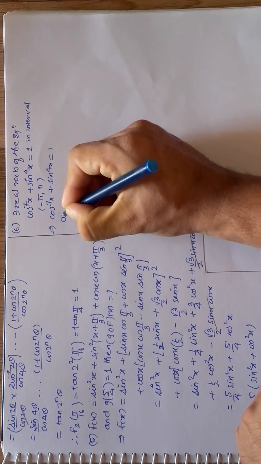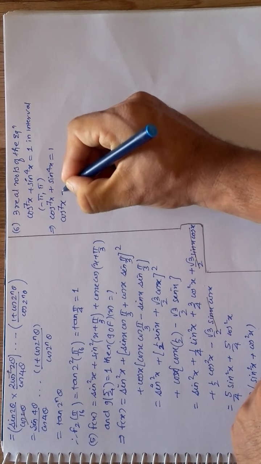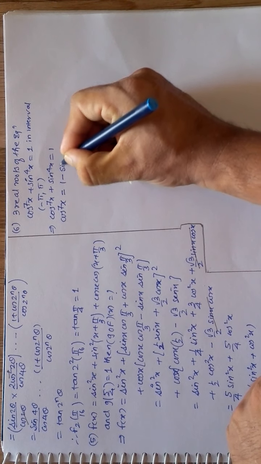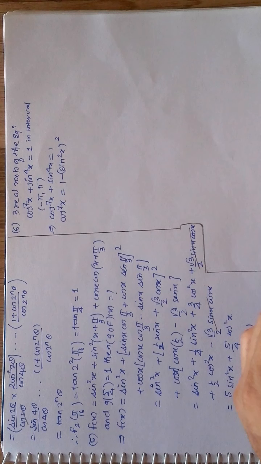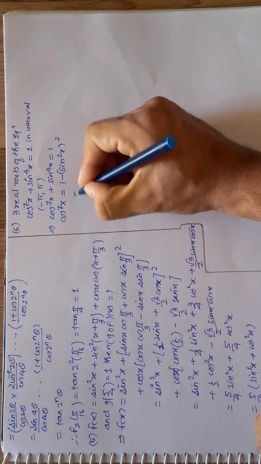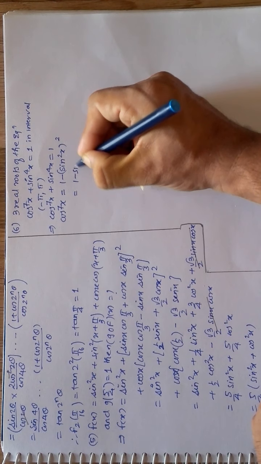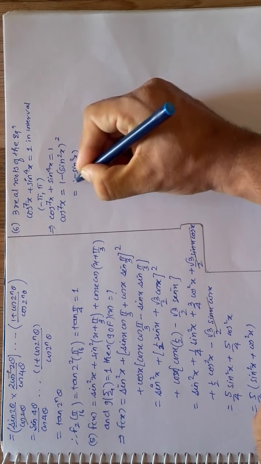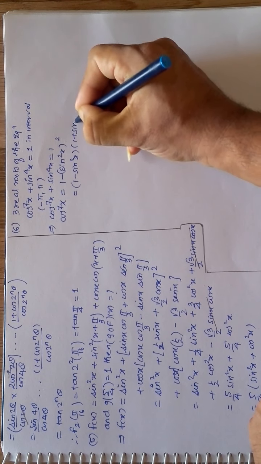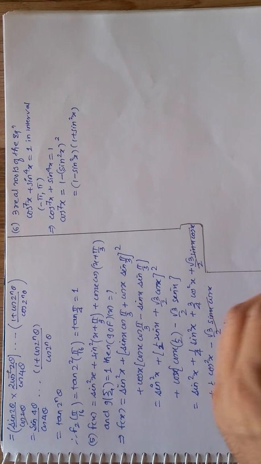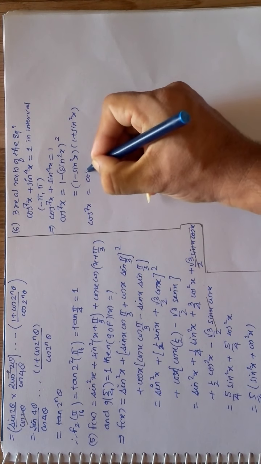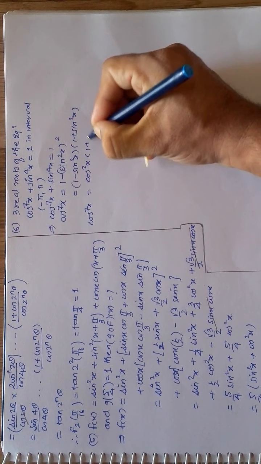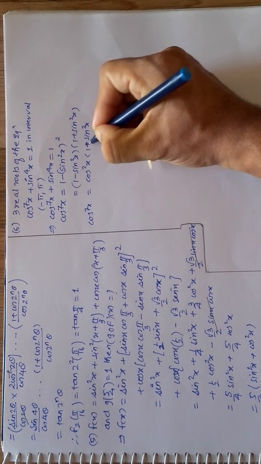So what I am doing here, I am taking cos as it is and writing sin raised to 4x as 1 minus sin square x the whole square. Agreed? So this is sin raised to 4x, which is nothing but a plus b into a minus b, 1 minus sin square x into 1 plus sin square x. So this becomes cos raised to 7x is equal to cos square x into 1 plus sin square x.